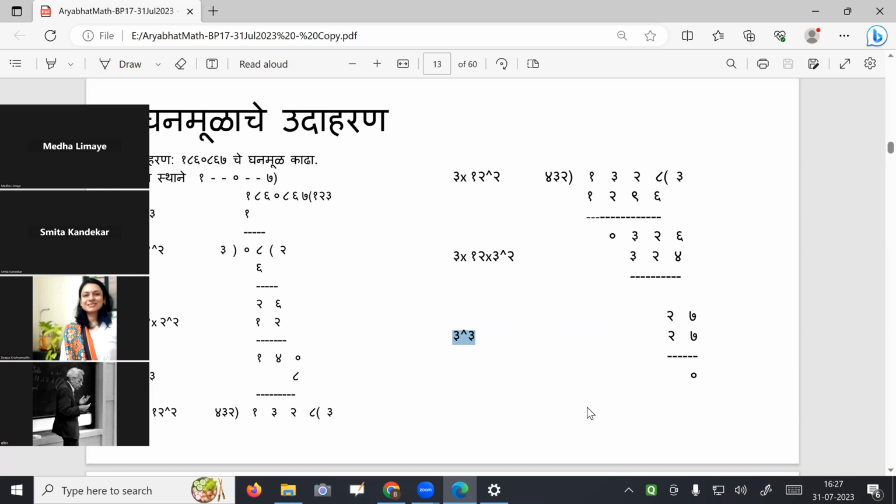To go ahead means whatever remainder you have got, take the next digits and try to subtract the maximum possible. What we have obtained so far is like a plus b.